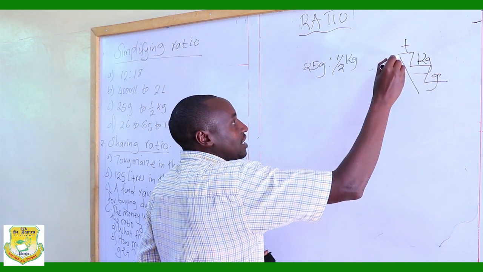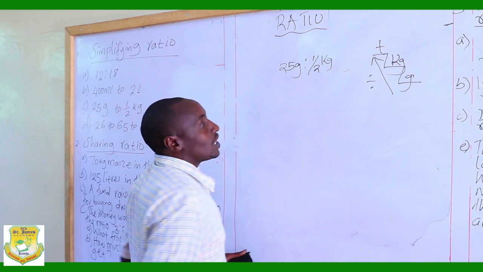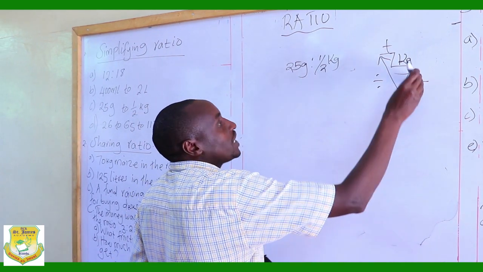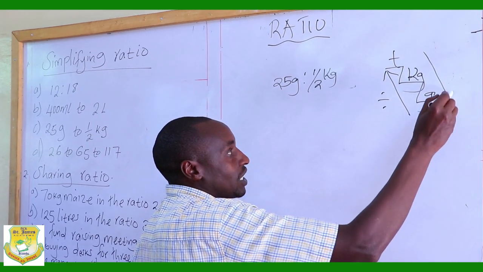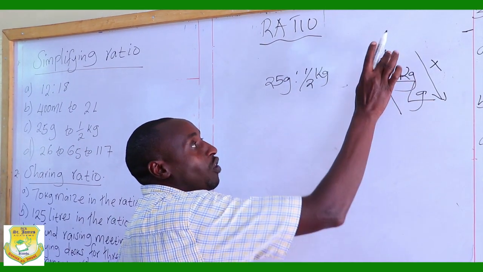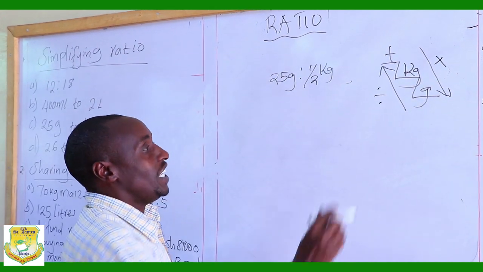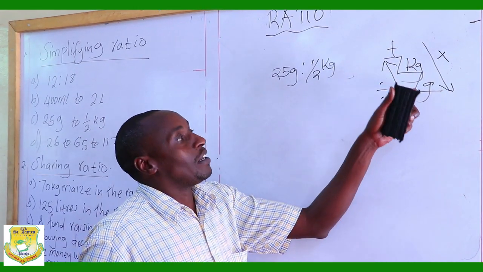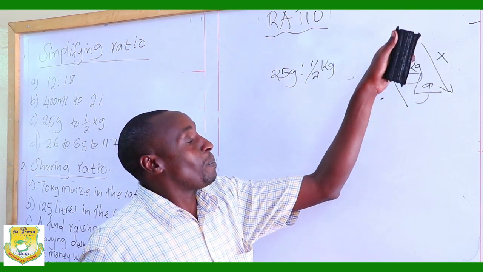As we ascend, we divide, because we are converting smaller units into bigger units. As we descend, we multiply, because we are converting bigger units into smaller units. Each interval is 1,000. 1,000 grams make 1 kilogram. 1,000 kilograms make 1 ton.